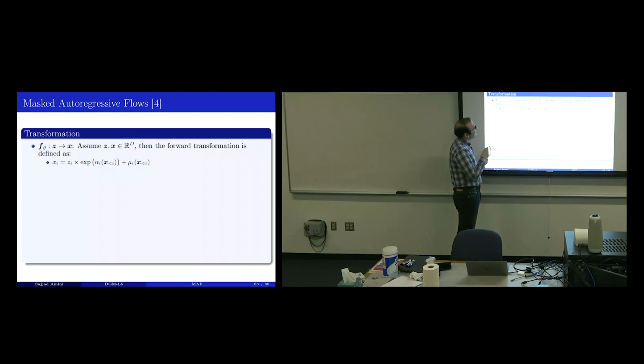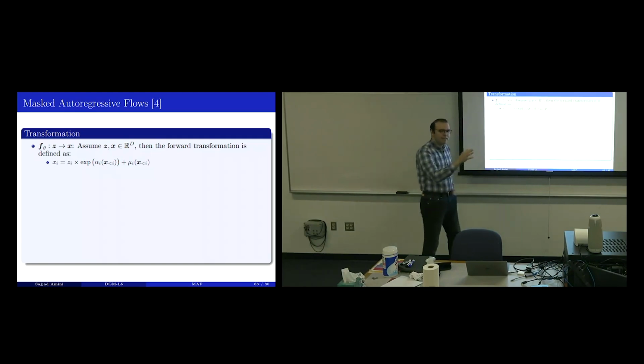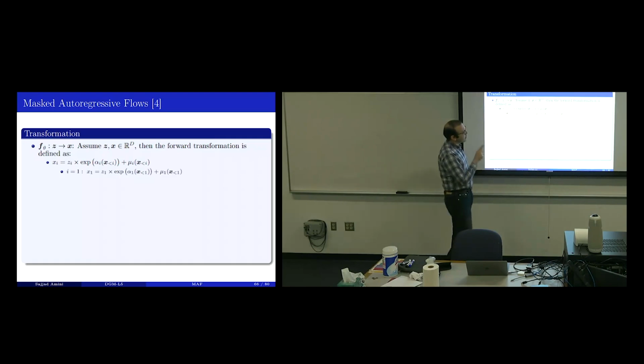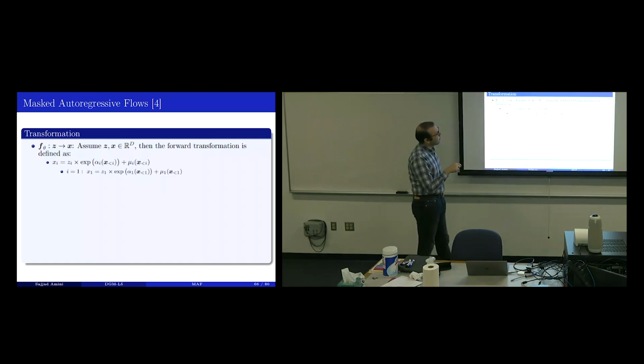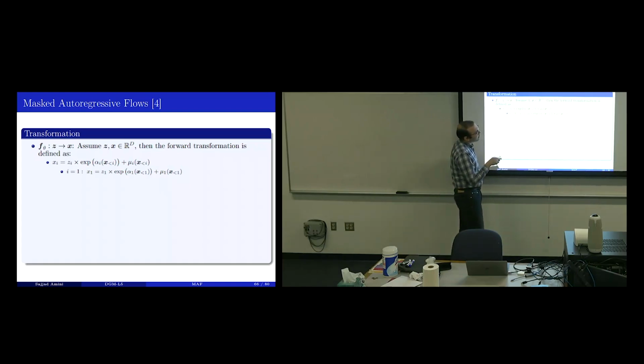Because previously we saw that to generate a distribution for xi, we use the information of x less than i. Here you use the information of x less than i to generate the transformation. Okay? So let's talk about the index. For the index number 1, what happened? x1 equals z1 times exponent of alpha 1.